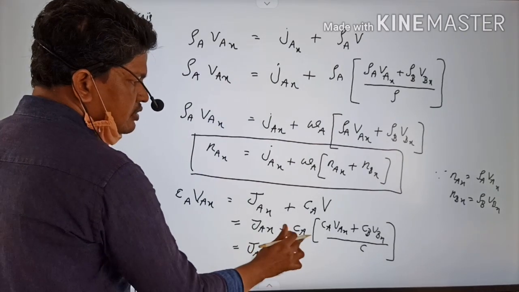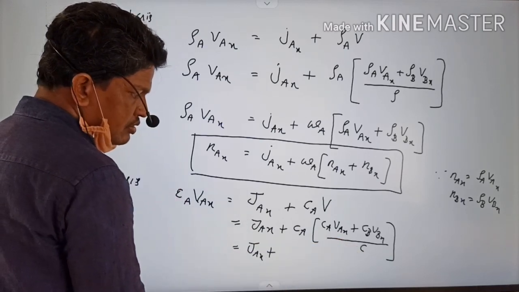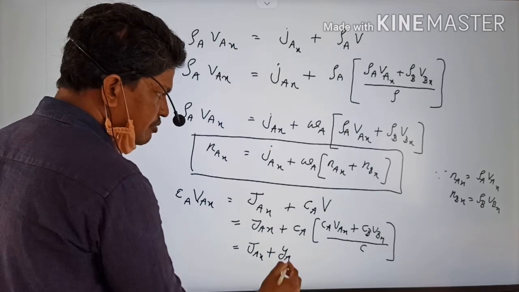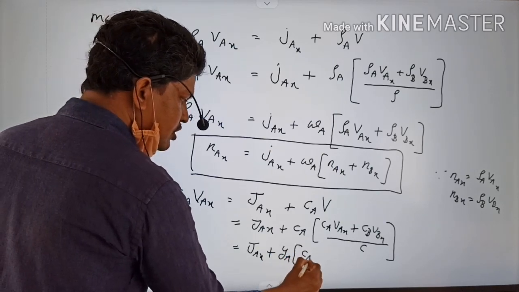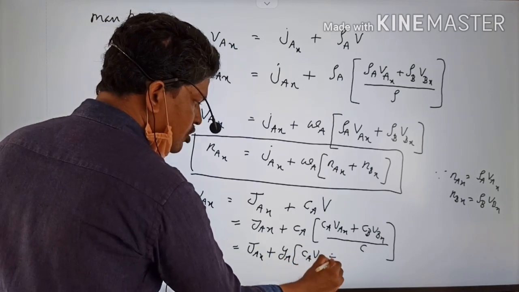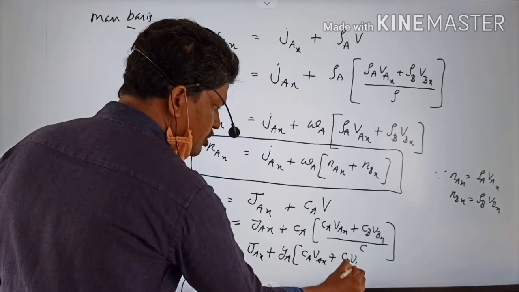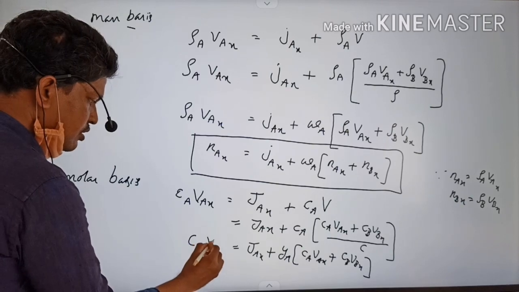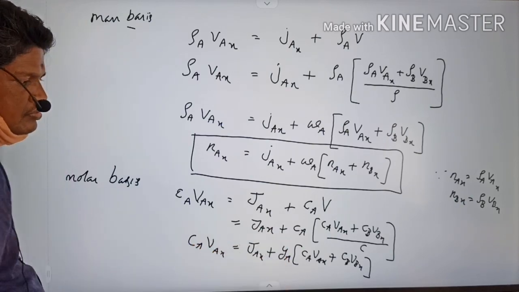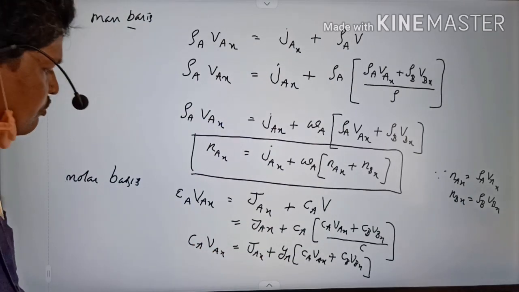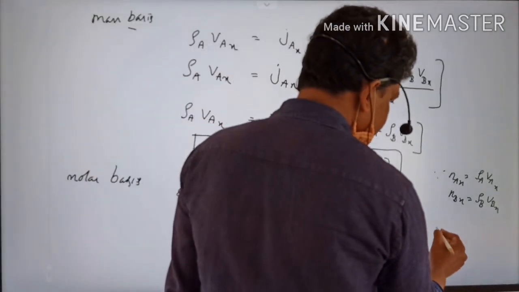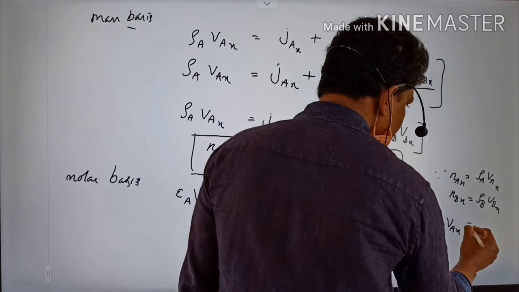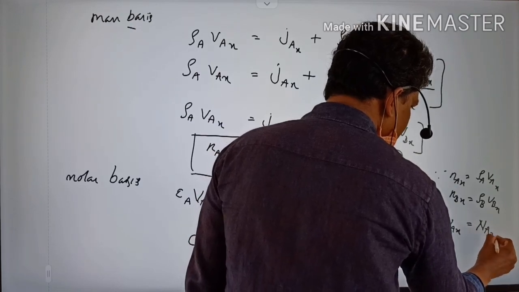Jx plus Ca by C, which is the mole fraction, equal to Ya, the mole fraction of component A, into Ca Vax plus Cb Vbx, that is Ca Vax. Then Ca Vx is the total flux. Ca Vax is the total molar flux.